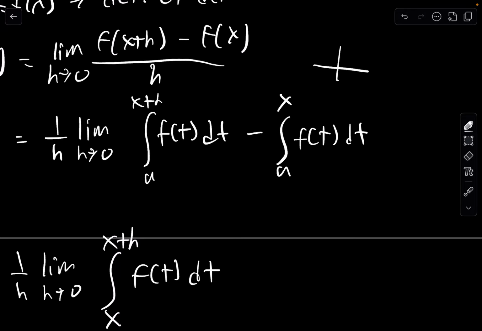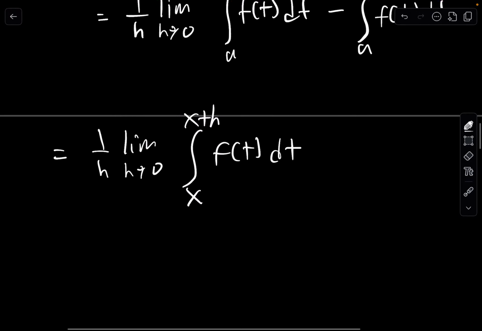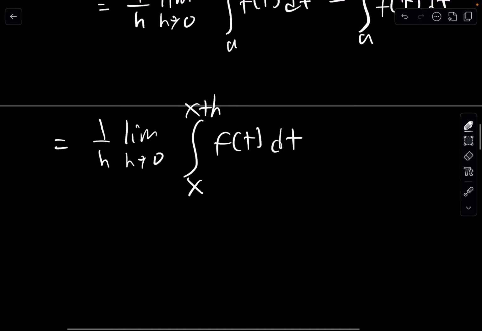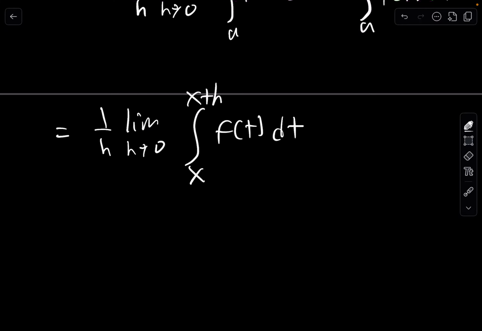So if you had this thing would be like h, so this is x plus h, and if this is a, it's just this part of the integral that we're looking for. Okay, awesome. So we're at this now, and this looks pretty neat. And we need to show that this is basically f of x. That's what we need to show.